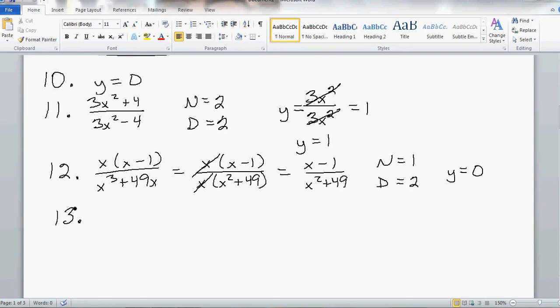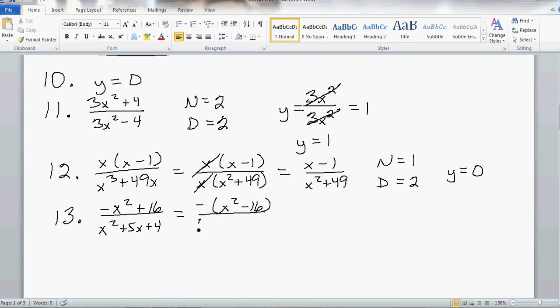Number 13, we have negative x squared plus 16 over x squared plus 5x plus 4. I don't like this negative out here, so I'm going to factor it out, and this becomes negative, x squared minus 16.